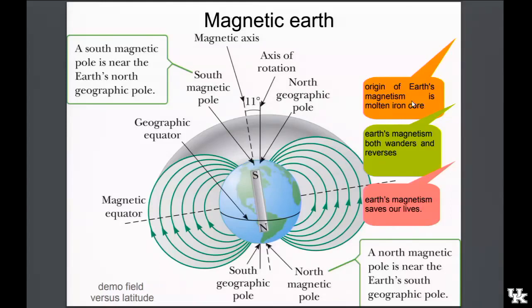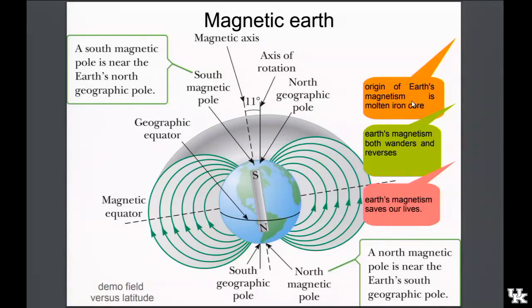Also, the magnetic South Pole isn't exactly located at the geographic North Pole. It's not exactly at the North Pole. It's some degrees off. Right now it's about 11 degrees off, so it's actually in Canada.